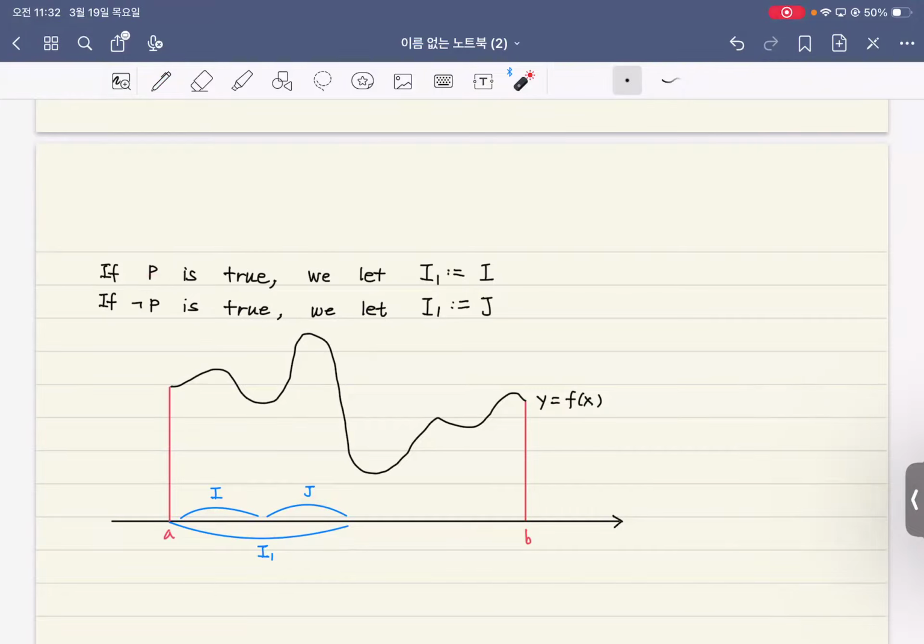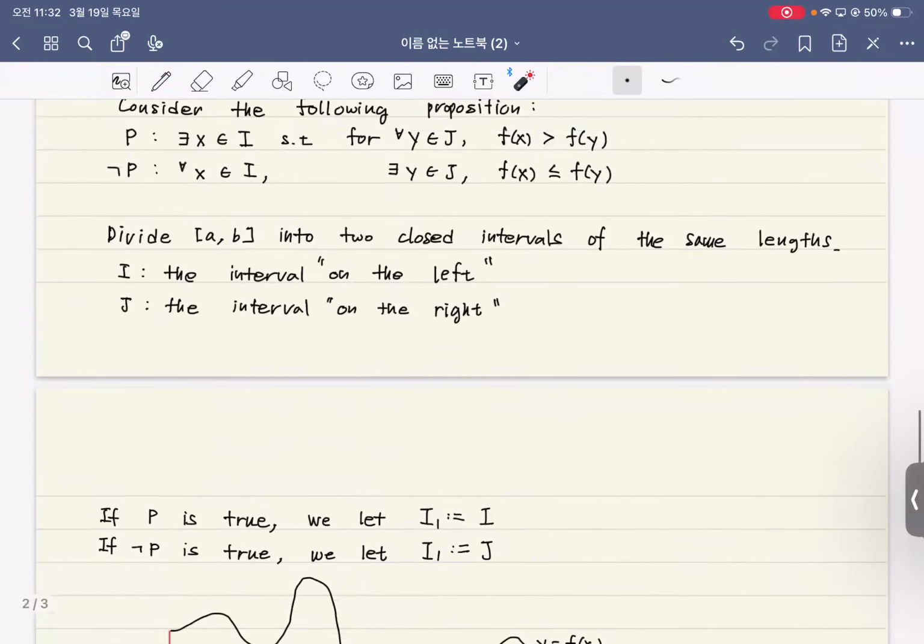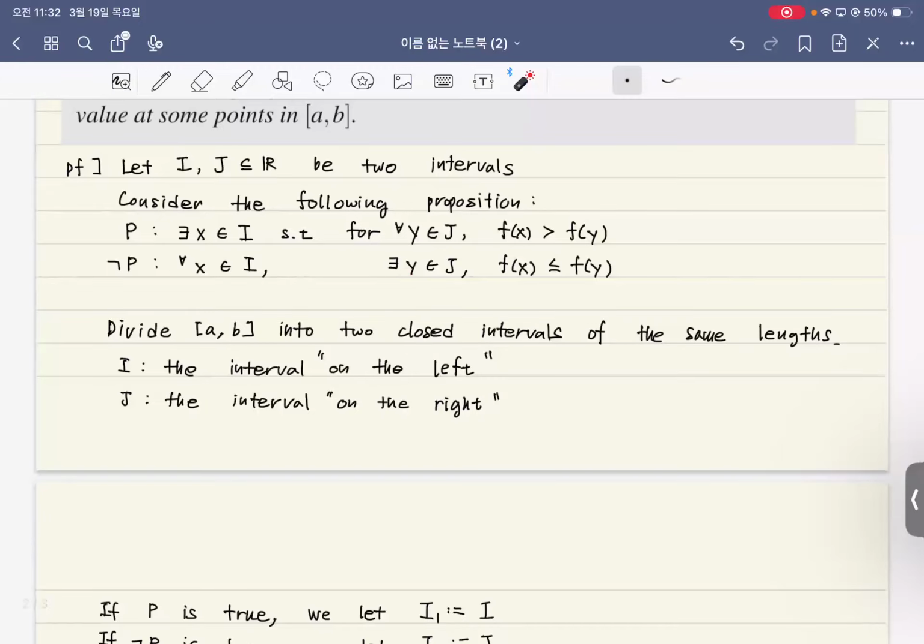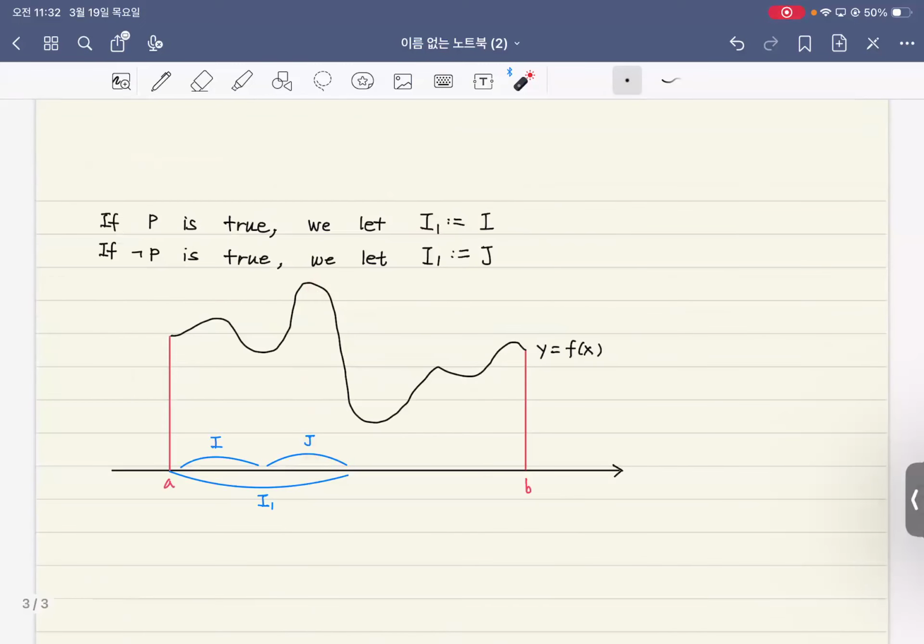In this case, not P is true, because I can find a point y in J, this point, whose function value bounds the function values in the other interval I. So this one is chosen, and this time I'm going to call it I2.